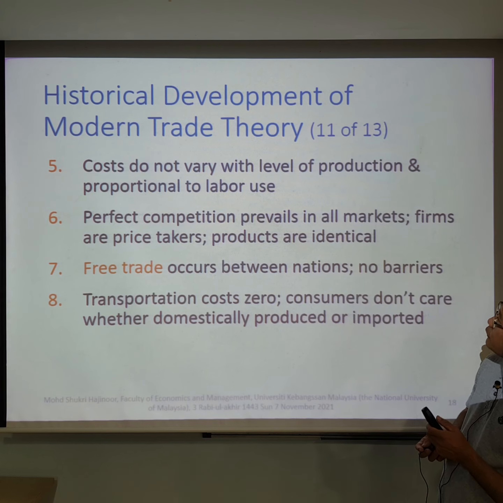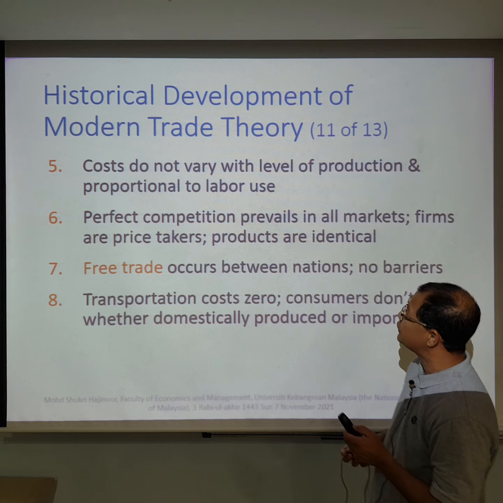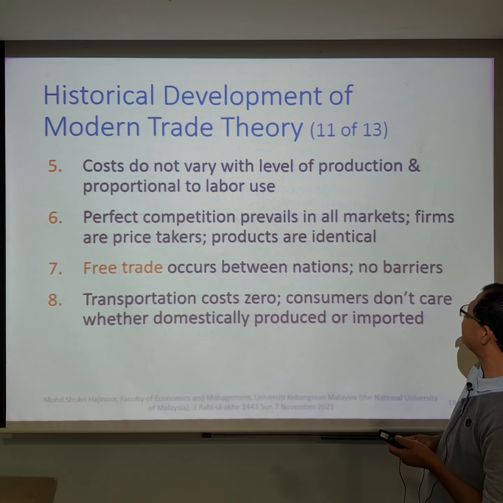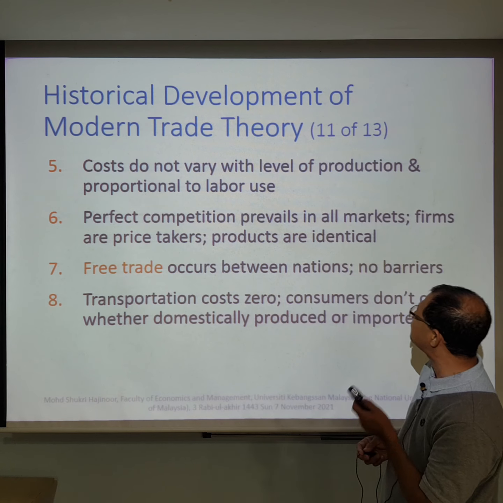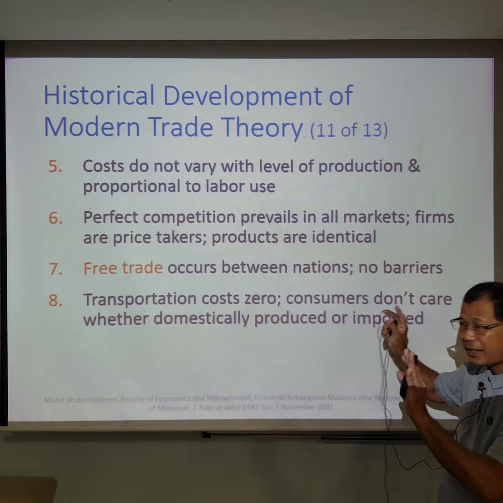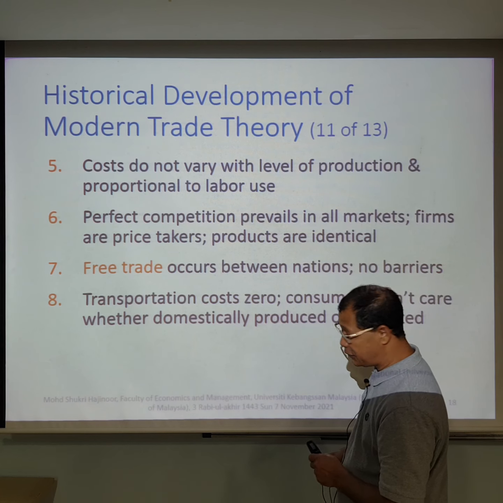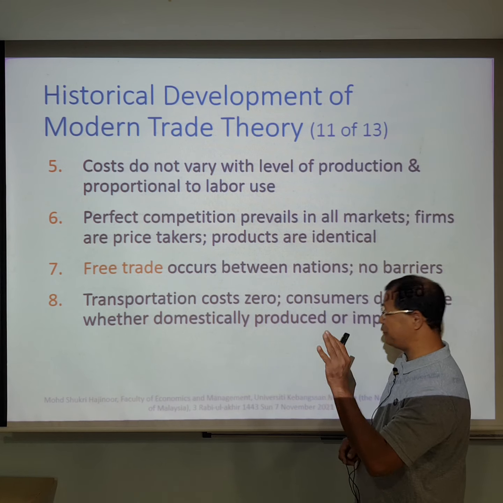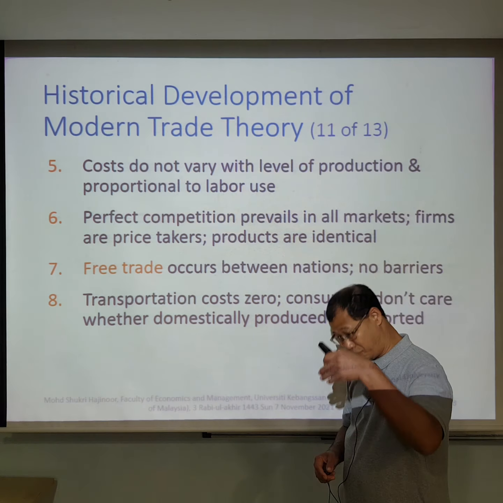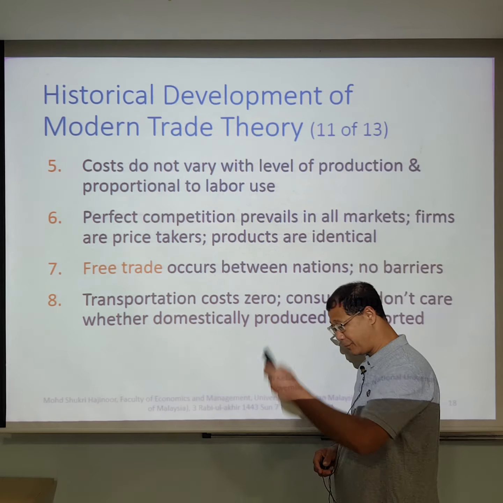Costs do not vary with levels of production and are proportional to labor use. Perfect competition prevails. In all markets, firms are price takers, products are identical, free trade occurs between nations, and there are no barriers to trade. Transportation costs are assumed to be zero. Consumers don't care whether they buy locally or from another country.